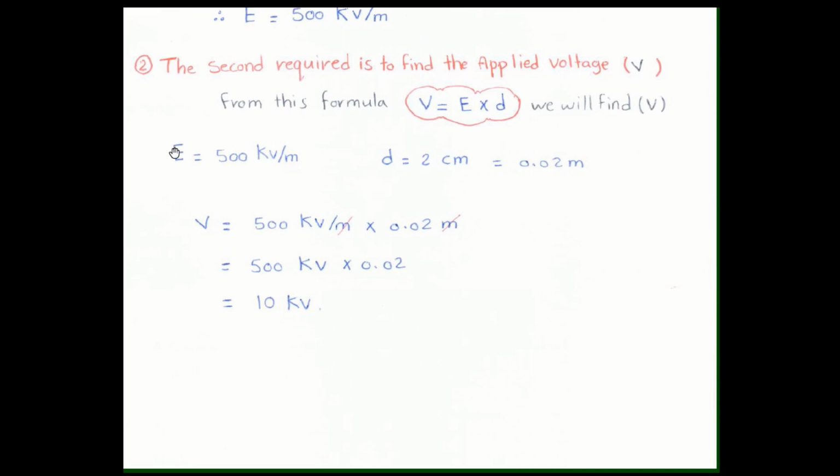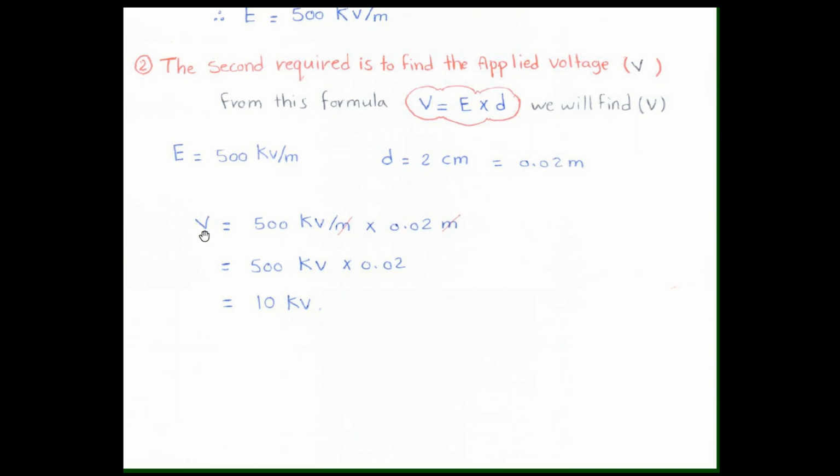The electric field we just calculated is 500 kilovolts divided by meter, and the distance D is 2 centimeter, which we change to meter, so it will be 0.02 meter.